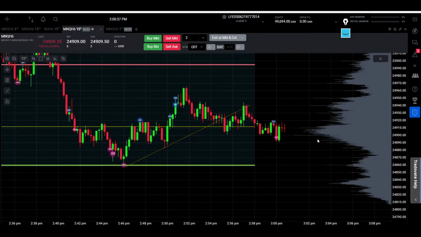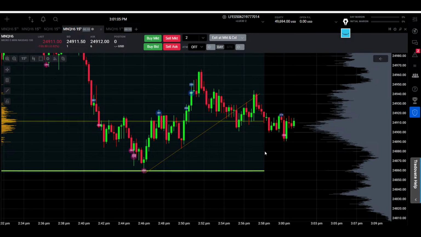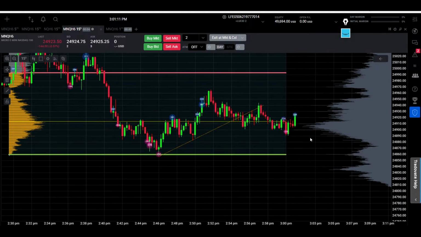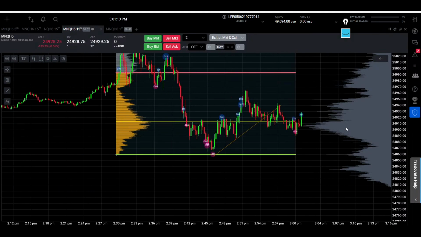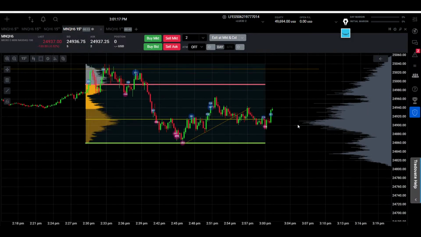It's not a good idea to trade now at all. It just needs to pass these points. Yeah, it will come up to value high now.